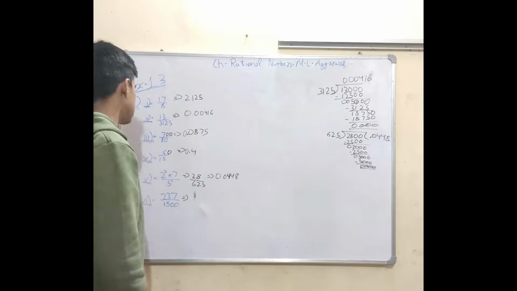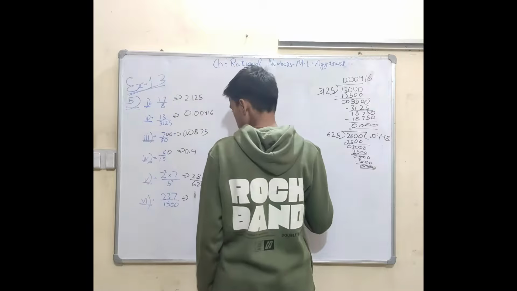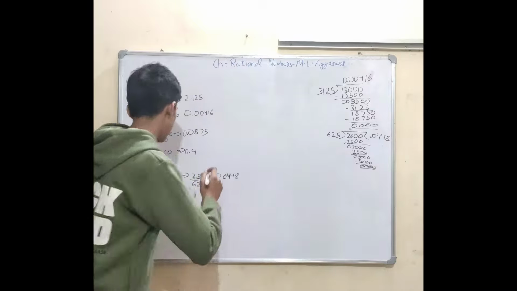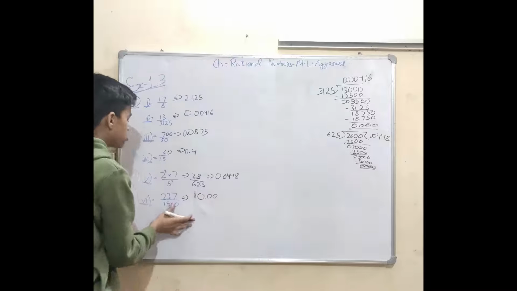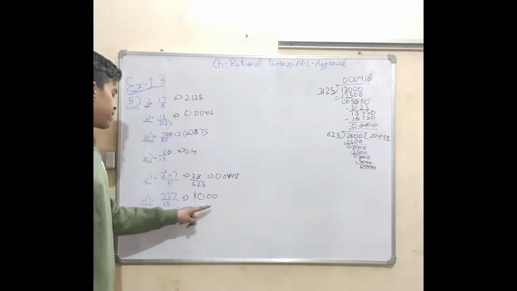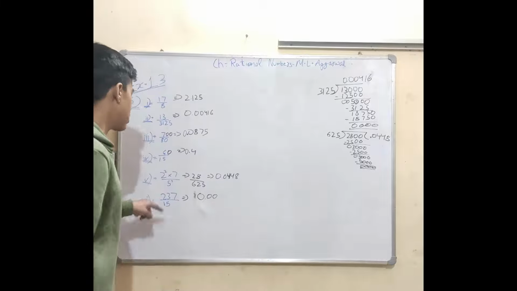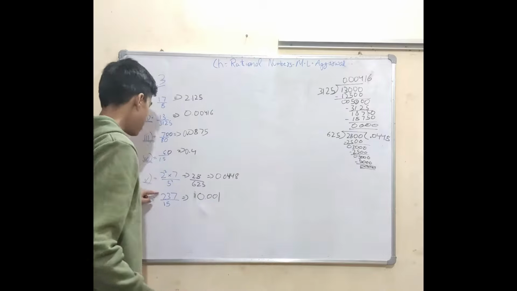Okay, this is also a big question, so I will do it by writing 237 upon 1500. Or I will put decimal and 2 zeros, so I don't have to count these two. I have already written them. Now I will solve this much only, and this much I can solve boldly. 5 1 15 1 15.